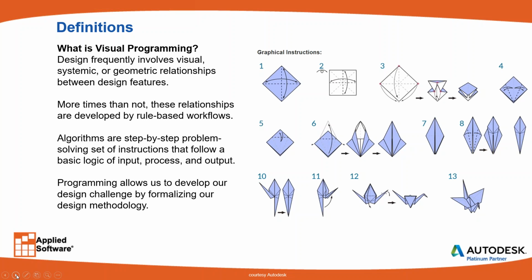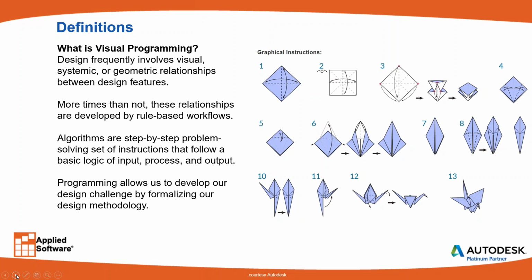So we talked about visual programming. What is visual programming? When it comes to design, as architects, we frequently involve visual, systematic, or geometric relationships between different design features. More times than not, these relationships are developed by rule-based workflows. I'm sure you've dealt with that in the past, where you have to set up certain rules, whether to meet certain design requirements, design intents, or code requirements.